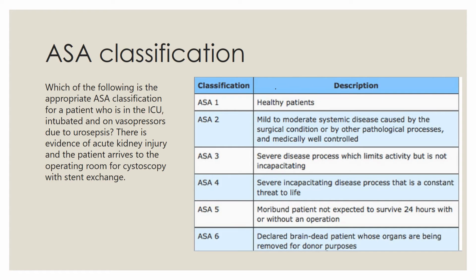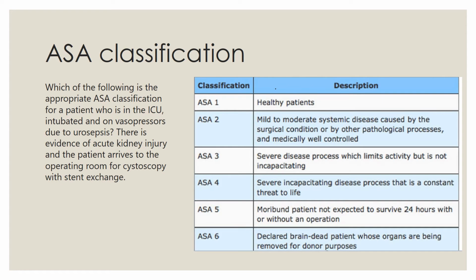ASA3 would be when the disease tips over into the severe category that limits activity to some extent. ASA4 is defined as a severe incapacitating disease that's a constant threat to life.